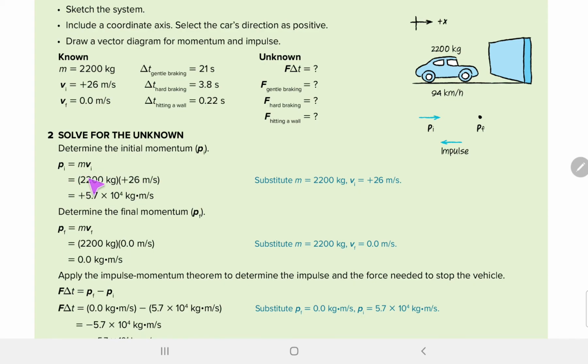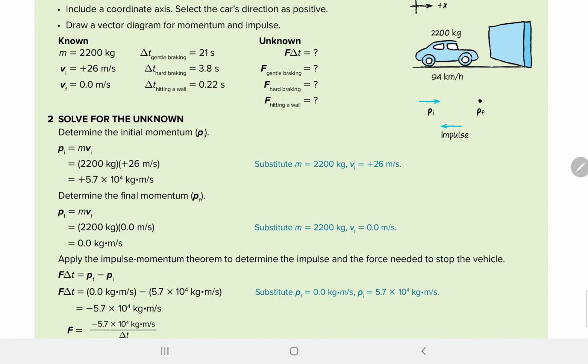After multiplying 2,200 by 26, the result is 5.7 times 10 to the power 4 kilogram meters per second. This is p initial, or the first momentum.